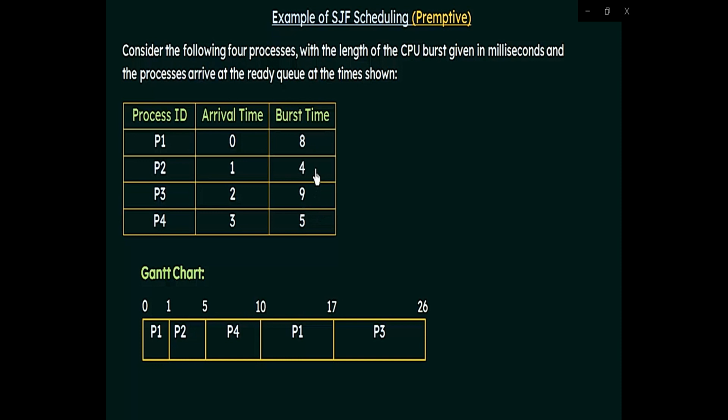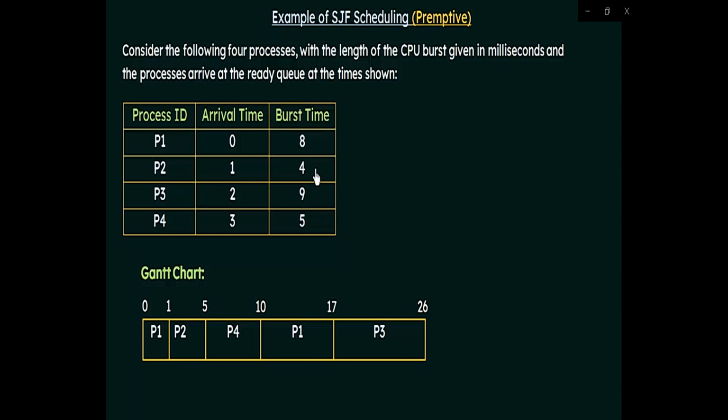Okay, process P2 arrives at the first unit of time and its burst time is 4. In shortest job first, we allocate the CPU to the shortest job.